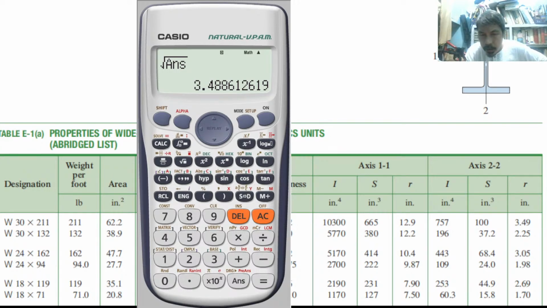In our design, we will just take a look at the regular sections. When you use a built-up section, you can analyze it as we are analyzing.